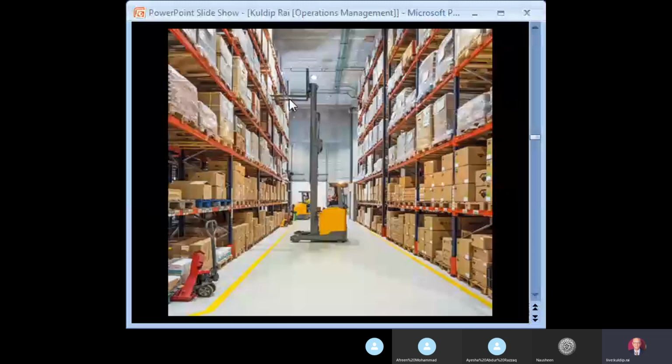The fork is inserted. The box is kept on the fork. Then the fork is brought down and this truck is driven to the place where there is a conveyor belt. This forklift truck will keep that carton on the conveyor and then that item will be given to the user. So this is a store.